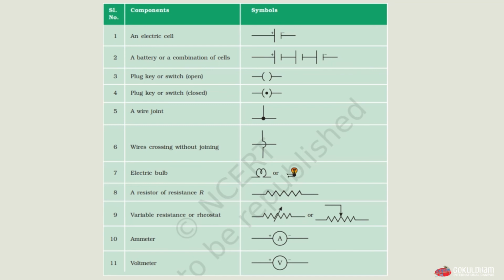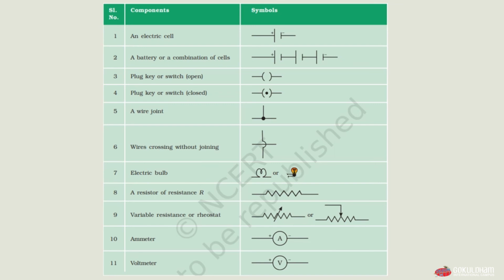The symbol for an electric cell is shown like this, with a positive side and a negative side. Second one is a battery, or combination of cells. The symbol is for a battery of two or more cells. They also have a positive side and a negative side.